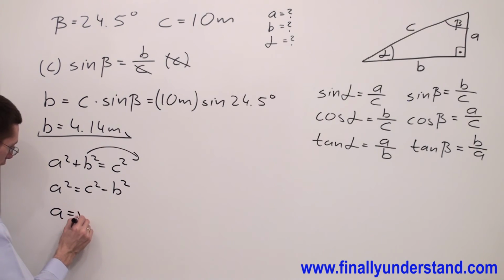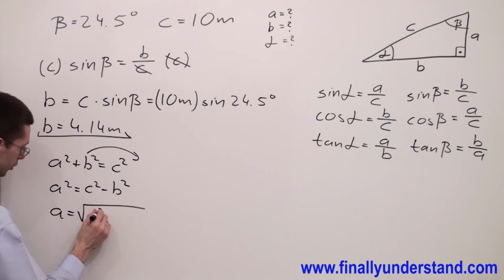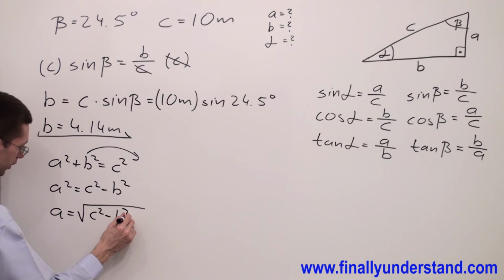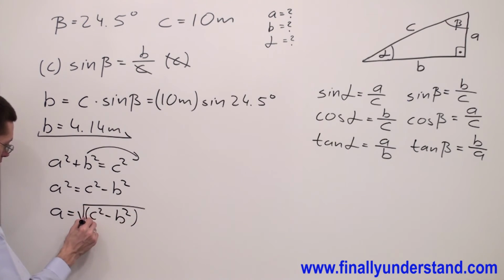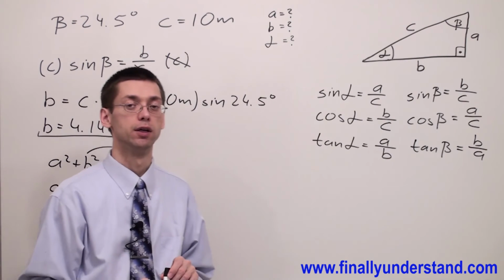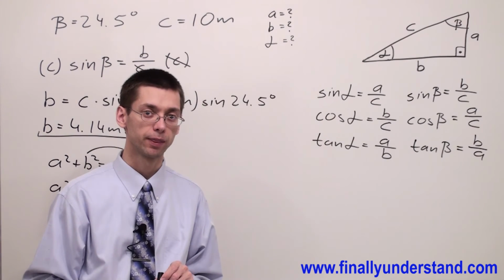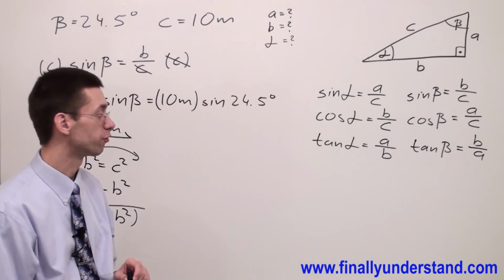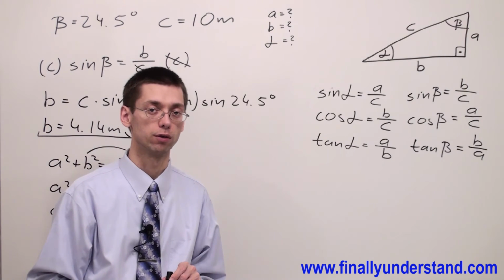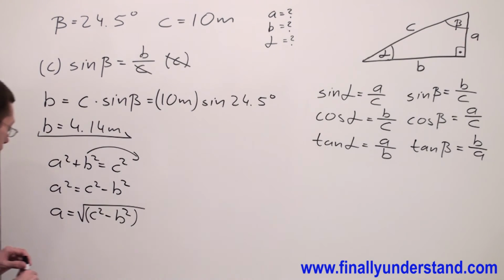A is equal square root of C squared minus B squared. Again, someone can ask why you are using the Pythagorean theorem. I'm using that because I want you to keep in mind that there are a few options to solve this problem.